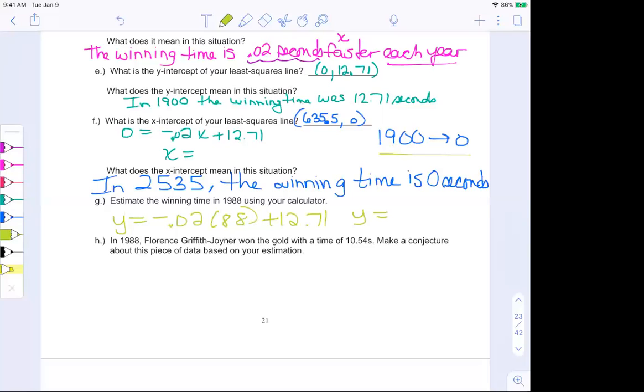That's all right. See if you can plug this in. So negative 0.02 times 88 plus 12.71. 10.95. Great. And we're talking about seconds. Make sure we label that again.